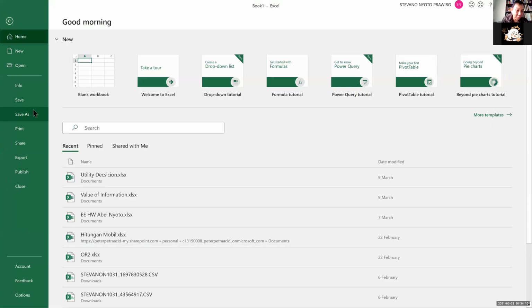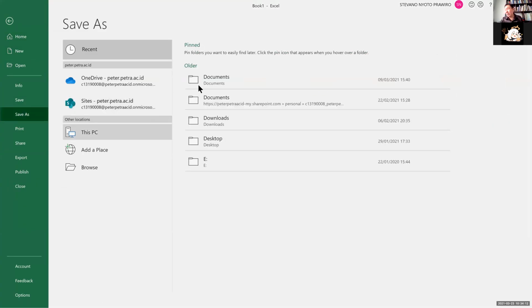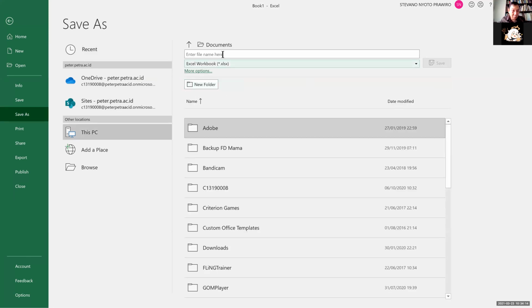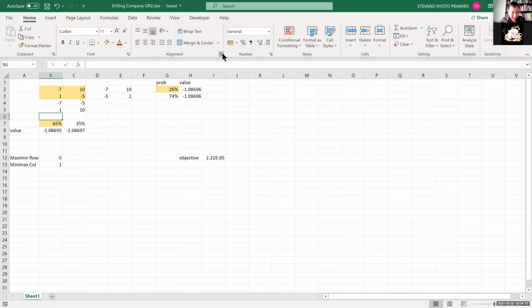All you need to do is save this one. During the exam, you can open and use that. You change the value, of course, the one in yellow. And then you use solver. You know how to use solver, so you can get the probability of it.